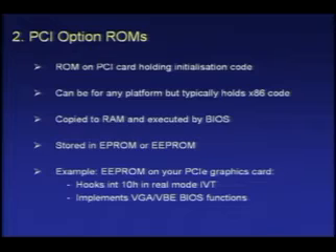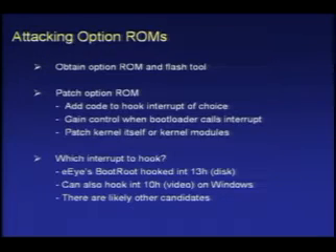And here's an example. If you have a PCI Express graphics card, it will likely have an EEPROM, and the initialization code will basically install a handler for int 10 hex video, and that handler will implement the VGA and the VBE functionality. So to attack an option ROM, attack a PCI card, ultimately we need to dump the option ROM off the card.